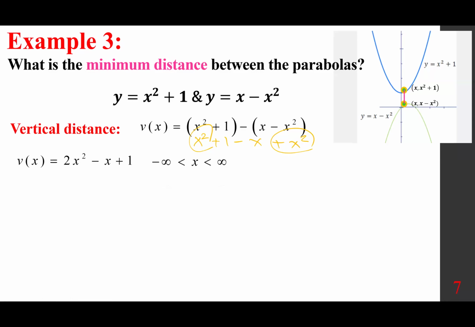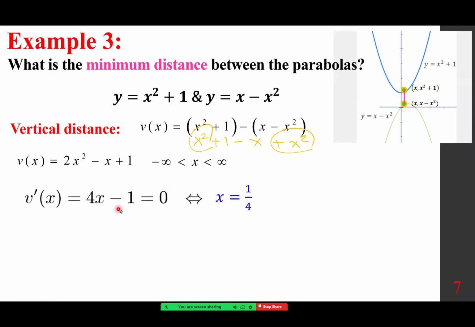We are going to find critical points by finding v prime, 4x minus 1, and setting it equal to 0. Clearly, x becomes 1/4. Now, we have an open interval with one critical point.